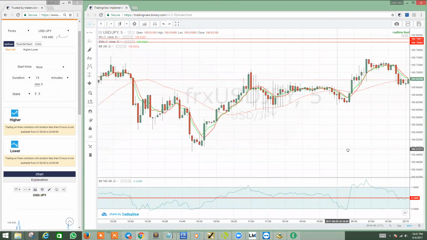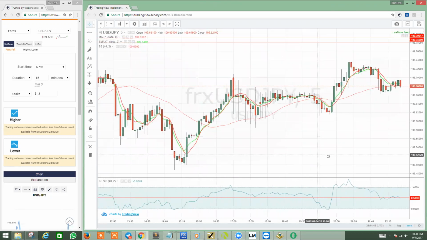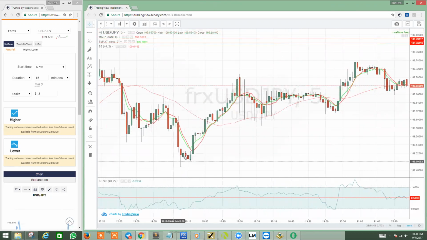An example would be this crossover right here, where you can see we have a strong change in the price. Although it can be kind of tricky when it starts crossing over here with that uncertainty in the trend, you don't want to be following it.